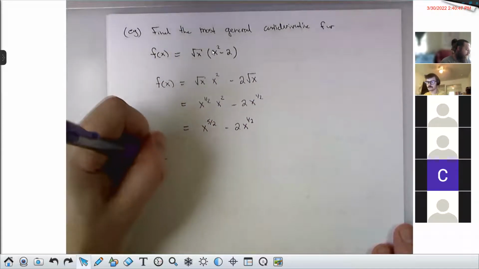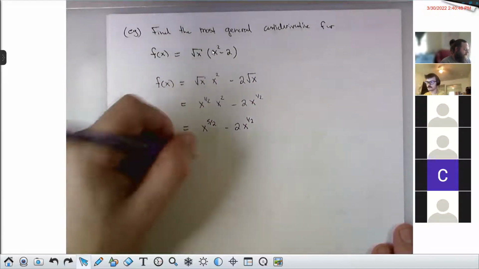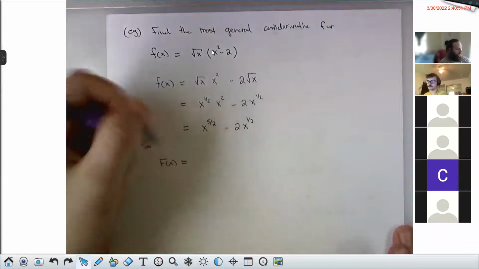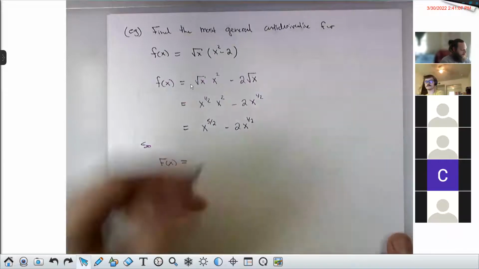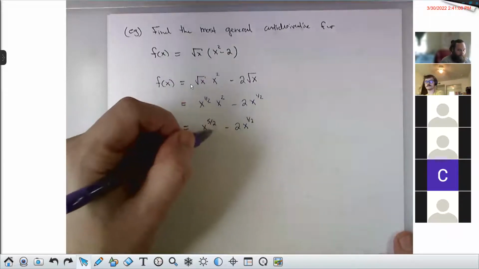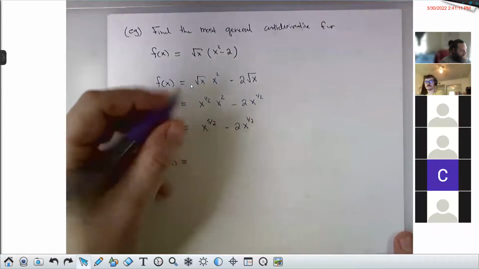So my most general antiderivative, capital F here, can now be found using the power rule. Now that I have individual powers of x separated by addition or subtraction, maybe with constants multiplying, but no variables multiplying, no variables dividing, add 1 to the power, divide by the new power. So 5/2 plus 1 is 7/2.